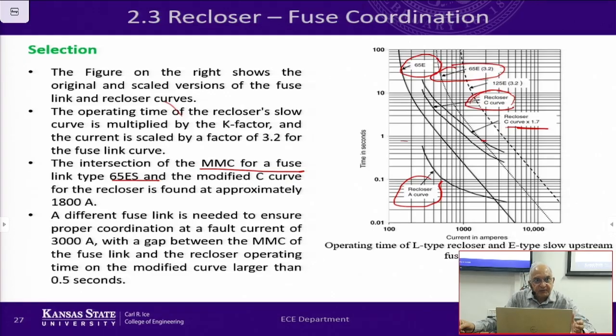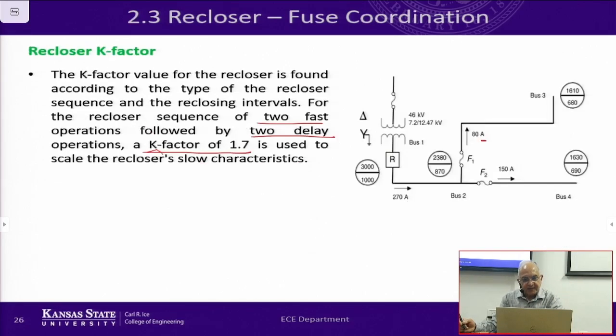So we have a problem, because if you go back and look at your data, we want the coordination to be at the maximum fault current, and the maximum fault current is 3000 amps.